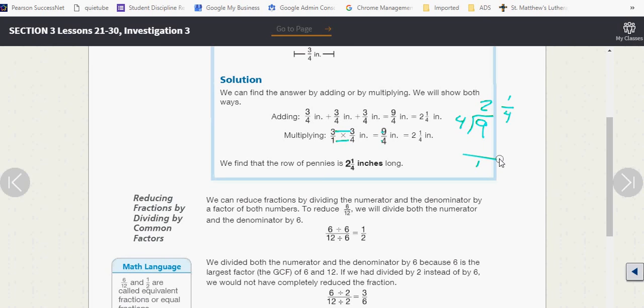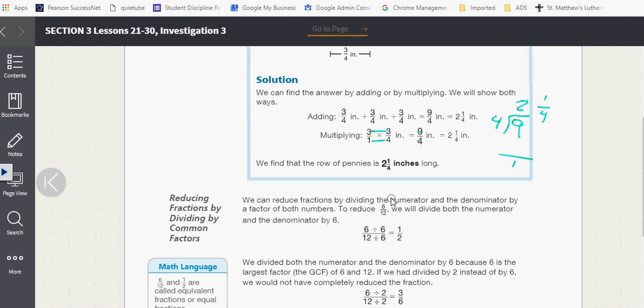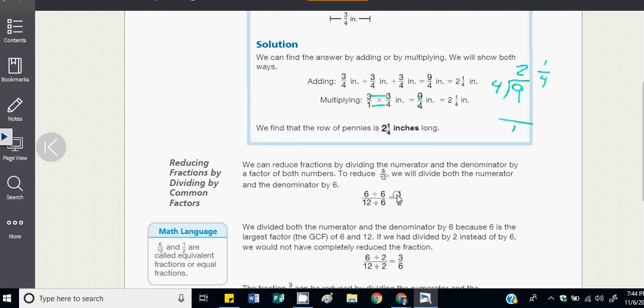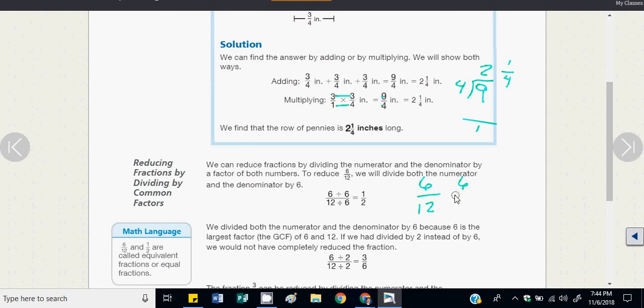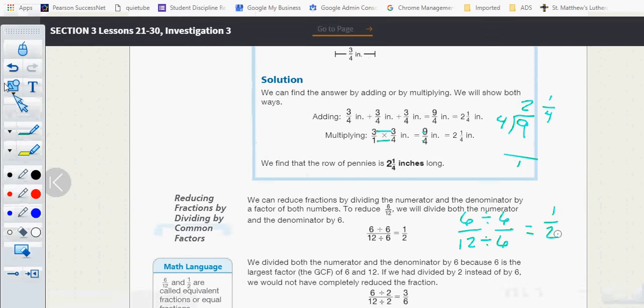We can reduce fractions by dividing numerator and denominator by a common factor, like we did with 6/12. It became a half. Without using manipulatives, you can know that because they share the GCF of 6. So you actually divide top and bottom by this factor. This means the same thing as 6/12, but with smaller numbers, more proper that way.